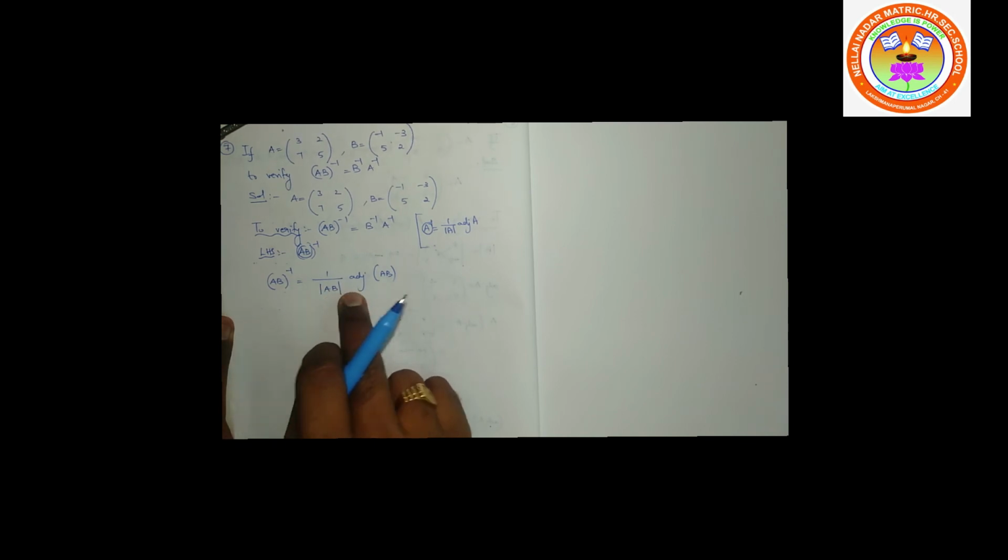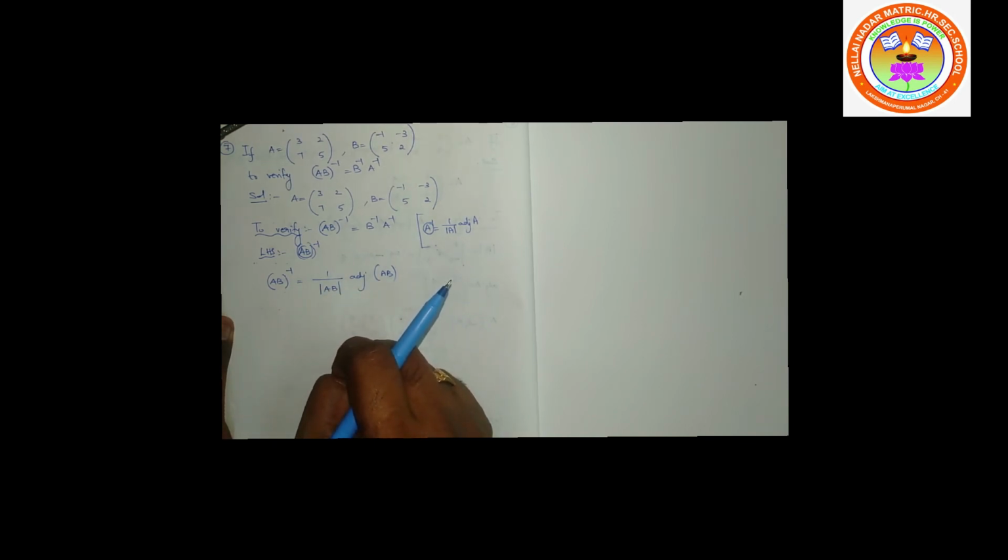So in fact we need to find the determinant of AB. For finding the determinant of AB, first I need to find A into B. First multiply A into B. The A matrix is 3, 2, 7, 5. The B matrix is -1, -3, 5 and 2. First do the multiplication.